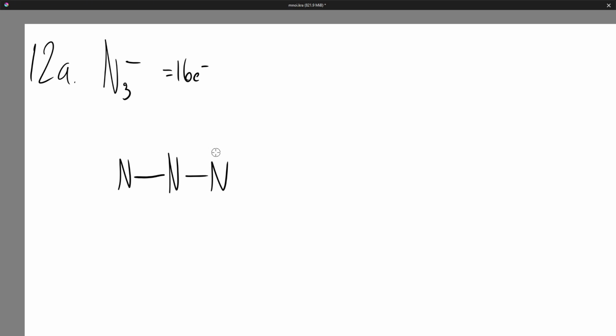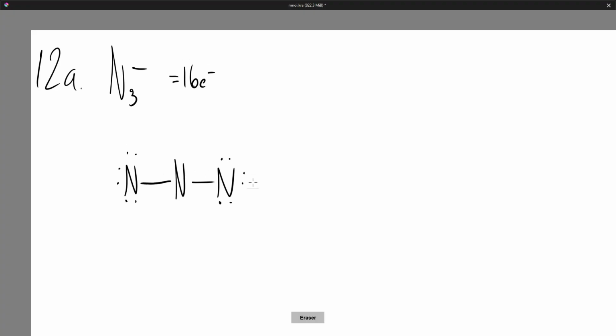So we'll start off by filling in each outer atom with 8. Okay, so that's 16 right there. But you see, this central nitrogen doesn't have 8 electrons. So we bring in 2 from each side.